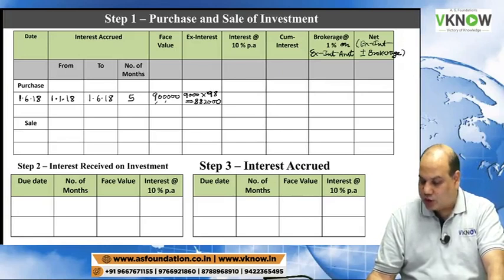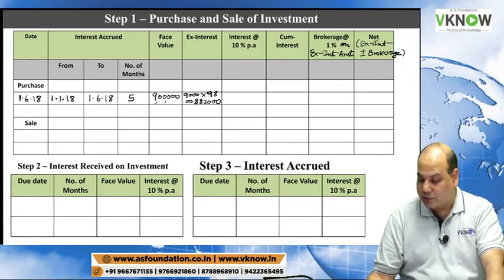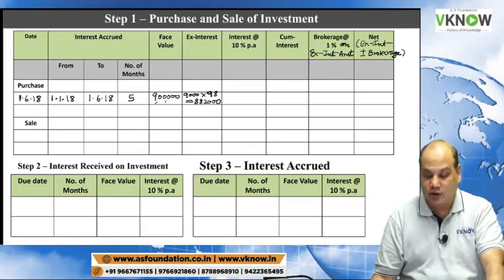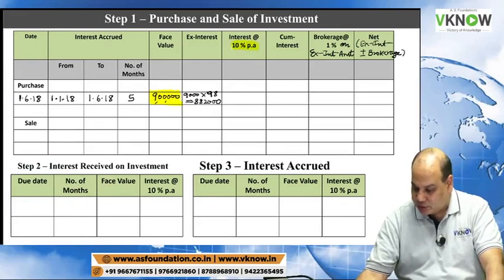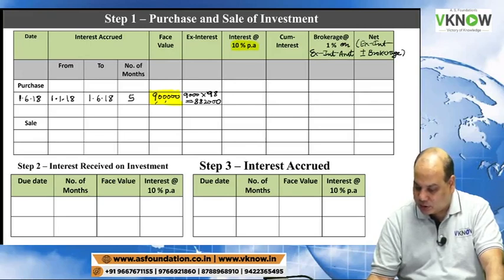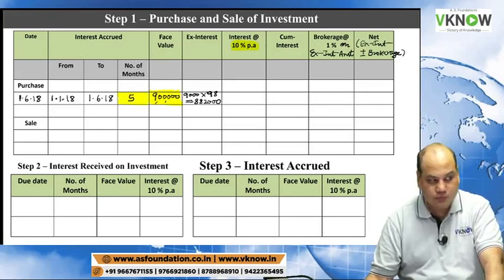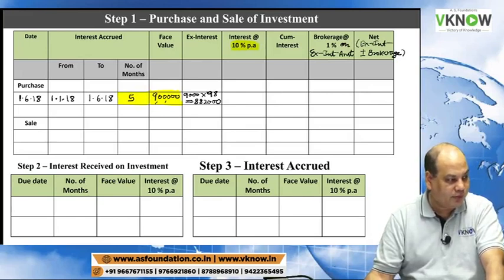Next, we have to do some calculations. So, dear student, first tell me interest at 10% on 9 lakh. Please remember, we will calculate interest on face value at 10%. Every time 9 lakh into 10%, and then number of months you take from here, 5 months, so 5 by 12.